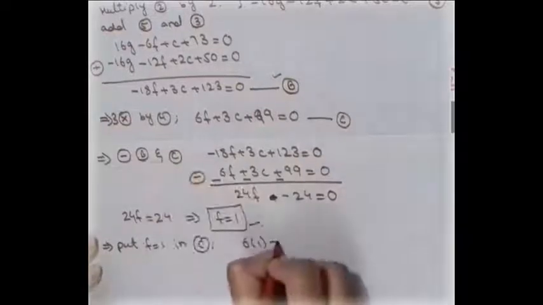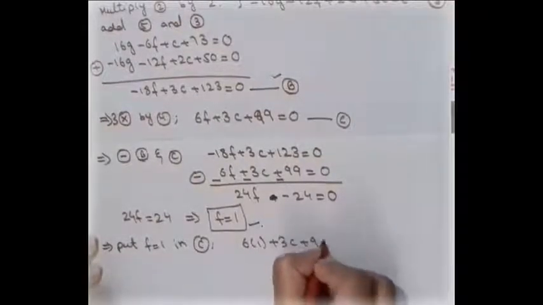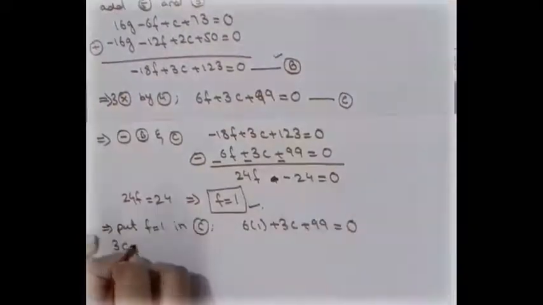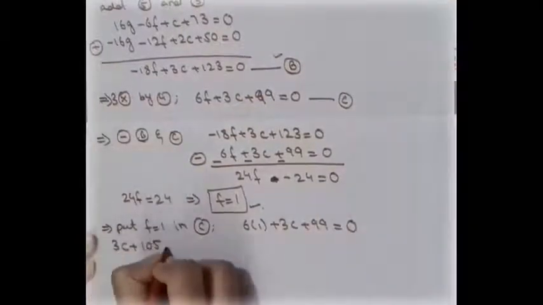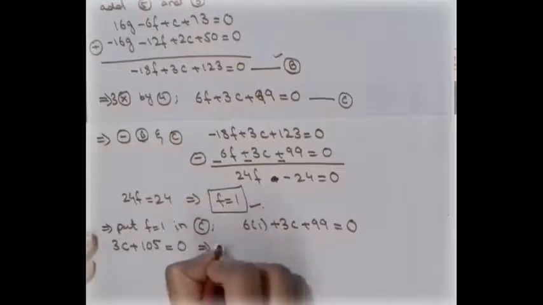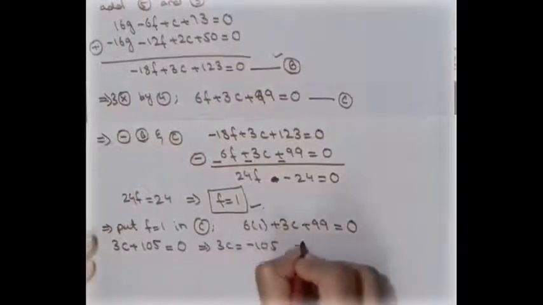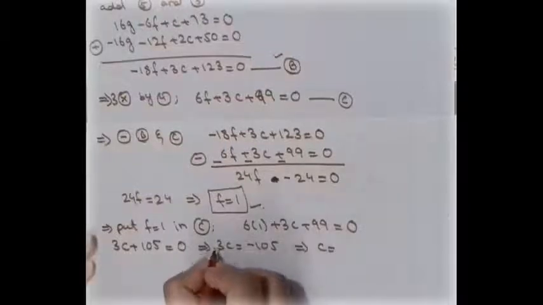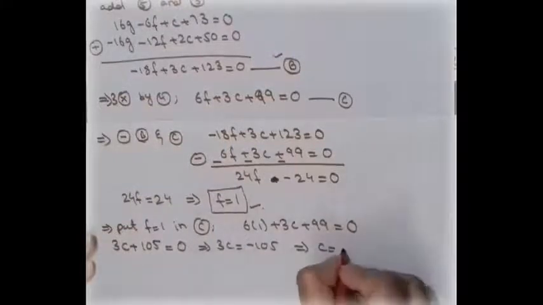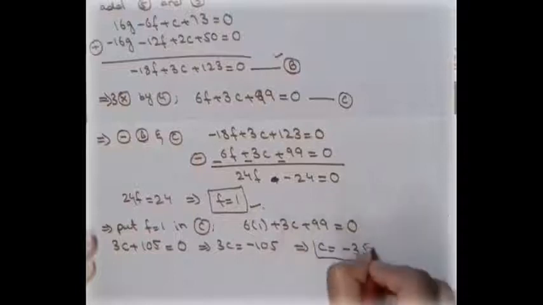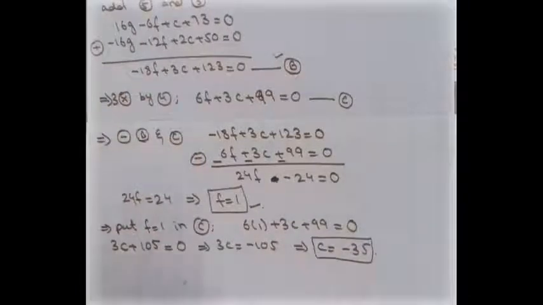6 times 1 plus 3c plus 99, which is equals to 0. 3c plus 105, which is equals to 0. If we take it to the other side, it will be minus 105, and c is equals to, if we divide this by 3, minus 35. So in this way we can calculate the value of c. Now put these two values f and c in any equation to find the value of g.